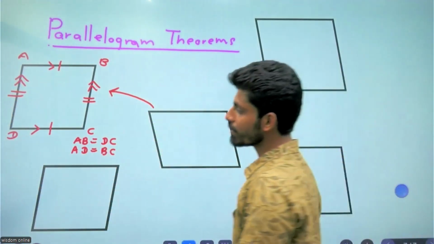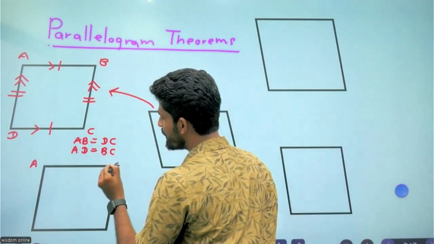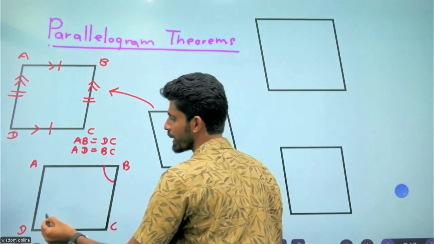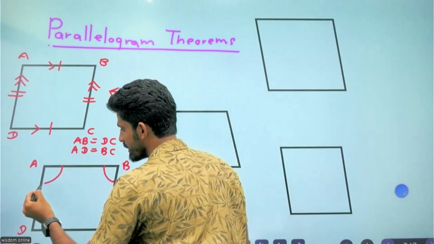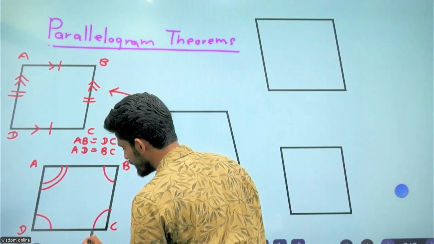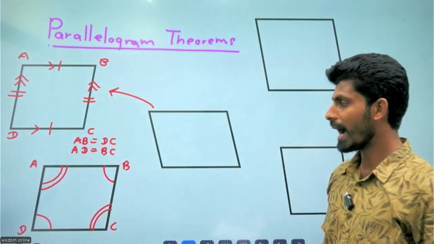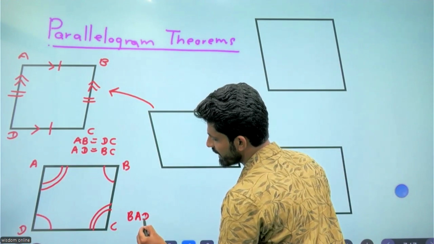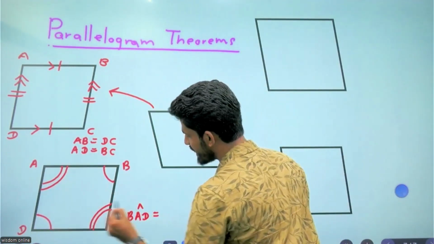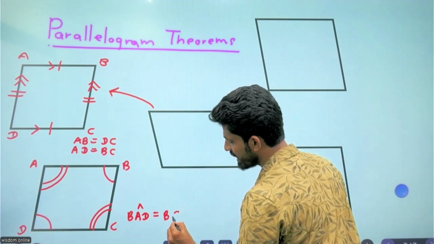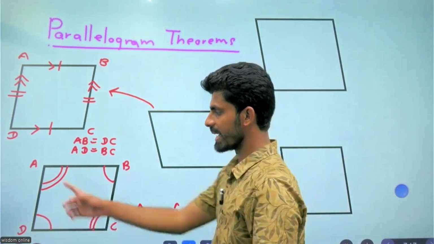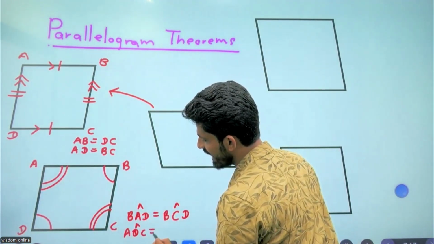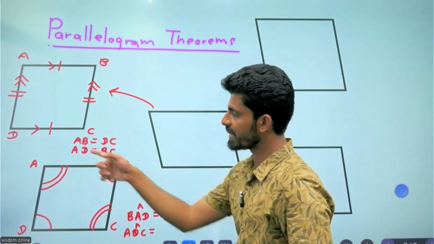Opposite angles are equal. In A, B, C, D, this one equals this one. These two angles are equal. That means BAD equals BCD, and ADC equals CBA.